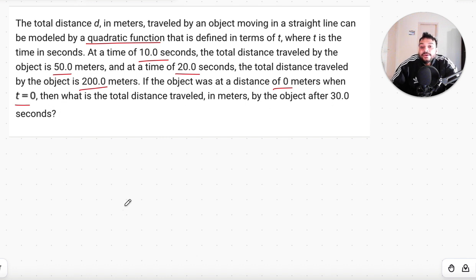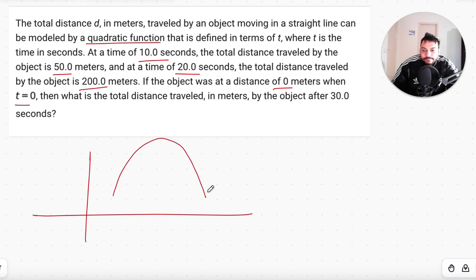So, object moving in a straight line and its motion is modeled by a quadratic equation against time and distance. As we can see, the quadratic equation can look like this or the other way around. And they say at a time of 10 seconds, so let's represent the seconds on the x-axis, t, and the distance on the y-axis, distance.